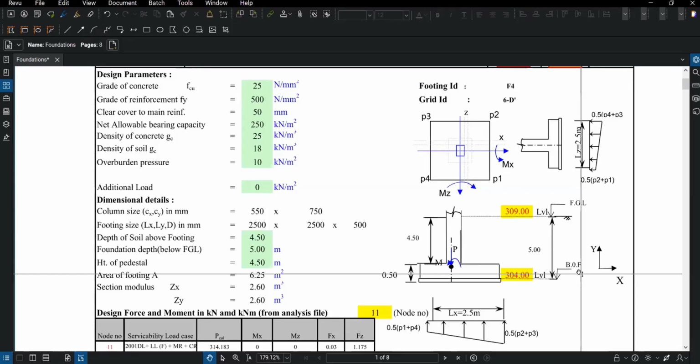Consider that you have removed the mass of the soil, 5 meters of soil, from that area. Then the bearing capacity is that. But then what is the gross bearing capacity? We will come to that later when we use it.